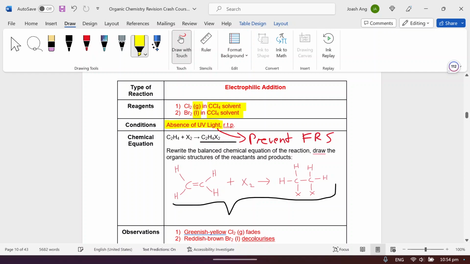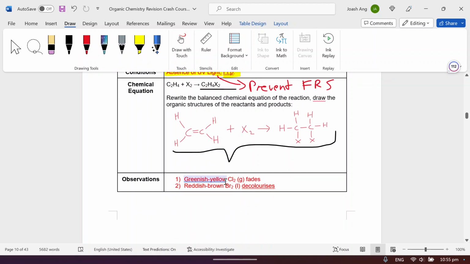And this occurs under room temperature and pressure because the C=C pi bonds are very weak and break easily with little energy. So less energy is required to break the C=C pi bond.